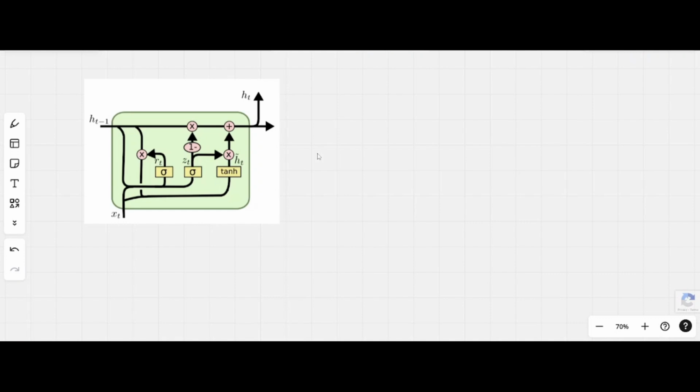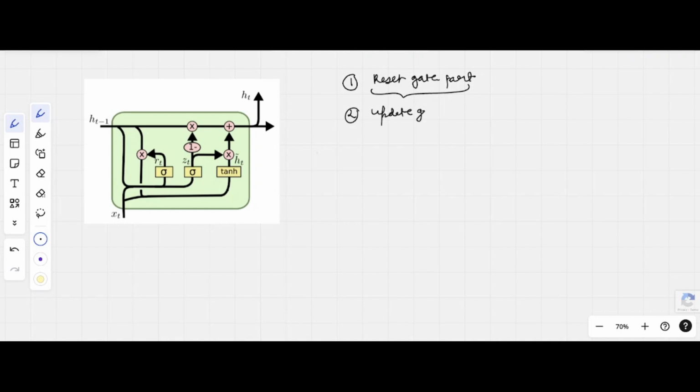To understand this, we will follow the same approach that we used in the LSTM video. First, we will see the reset gate part. Then we will see what's happening in the update gate part.